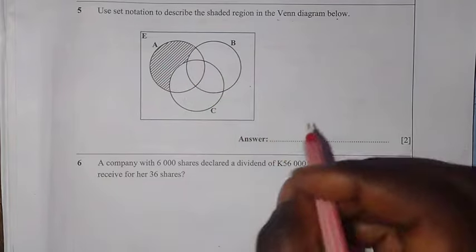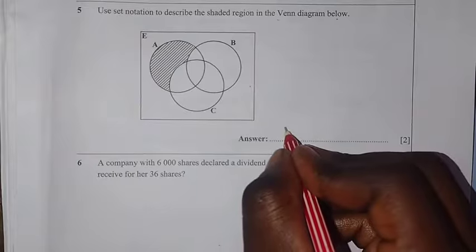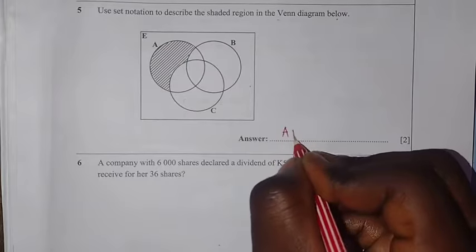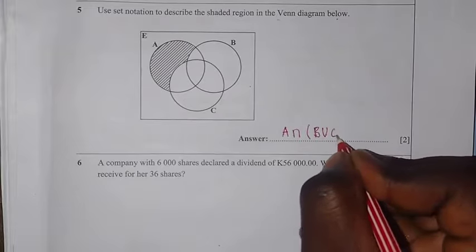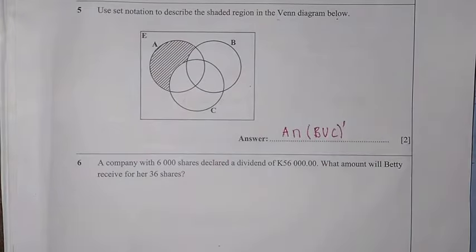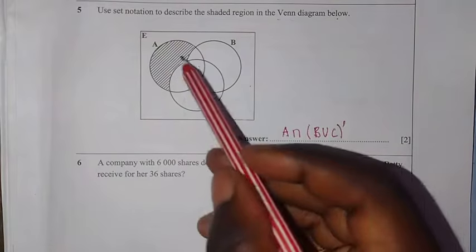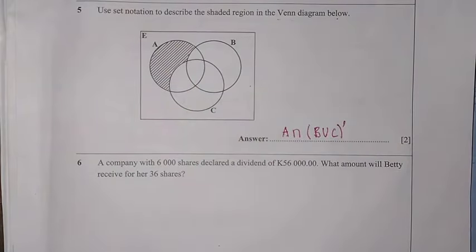So in set notation, we say A intersection (B union C) complement. That's why we are just remaining with this part for A only. That is the way we can answer it, as simple as that.